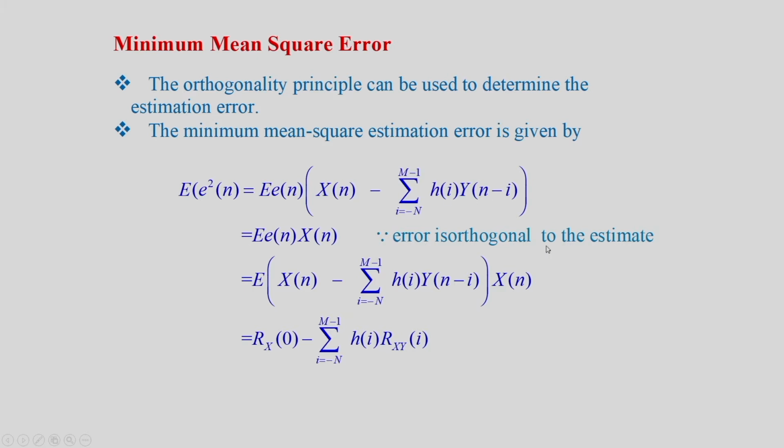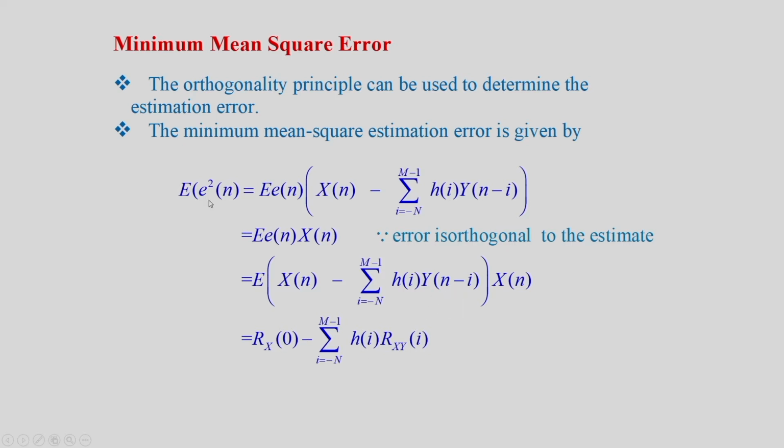So, error is orthogonal to the estimate, this estimate. Therefore, this will be simply E of e[n] into x[n]. Now, if I expand this e[n], that is x[n] minus the summation h[i] y[n-i] going from -N to M-1, then we get E of this expression into x[n]. And if I write now x[n] into x[n], if we take the expected value, we will get R_x[0]. Similarly, we will get the cross correlation function here by taking the expected values.